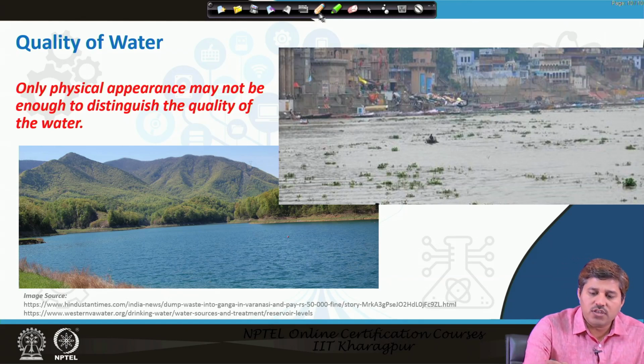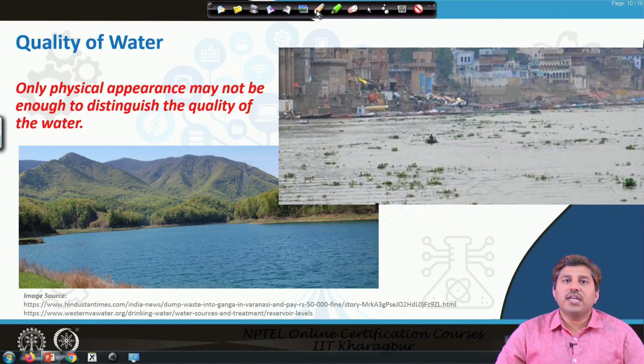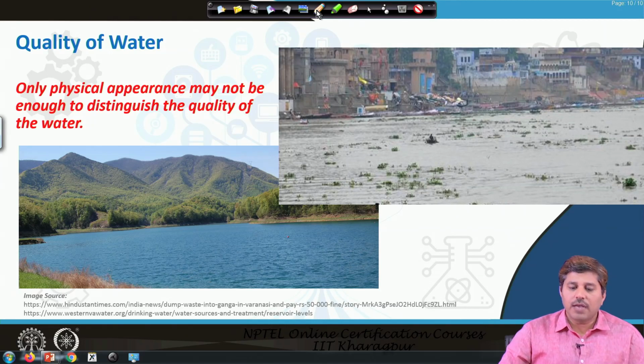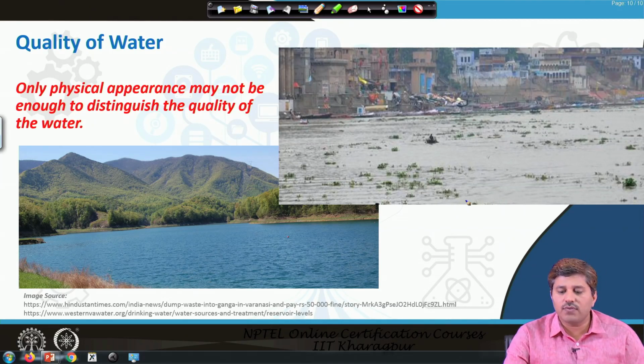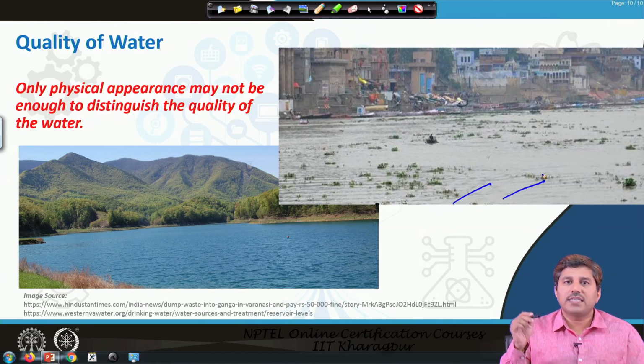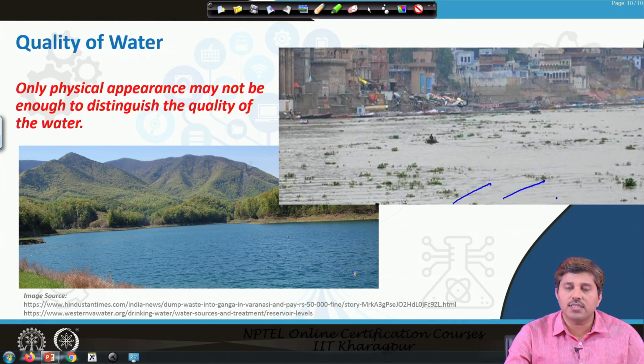That is okay, the quality may be different, but which one has better quality and which one has poor quality? Just by seeing, one will say that this water looks more dirty or more turbid, but is that enough to suggest that this is of worse quality than this?